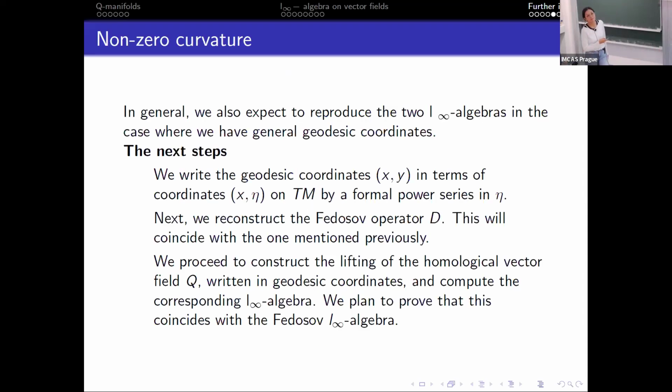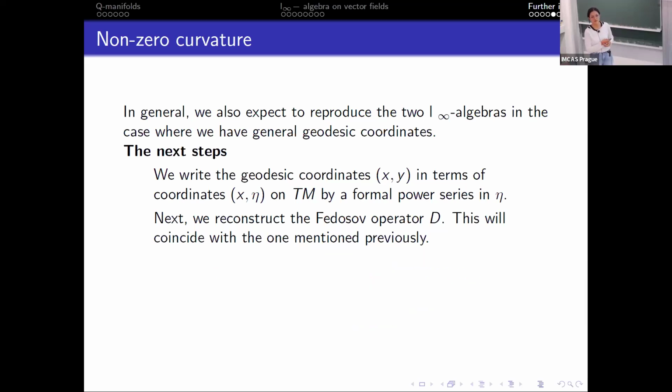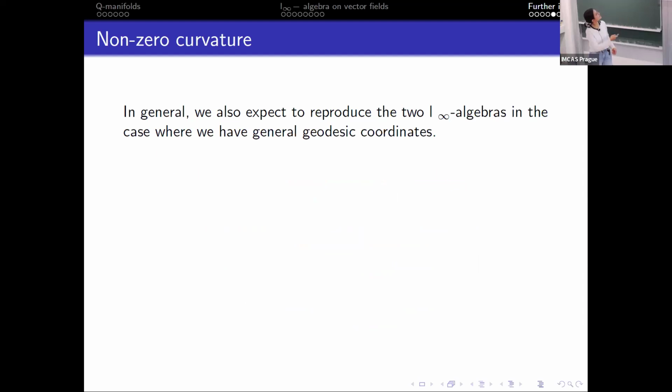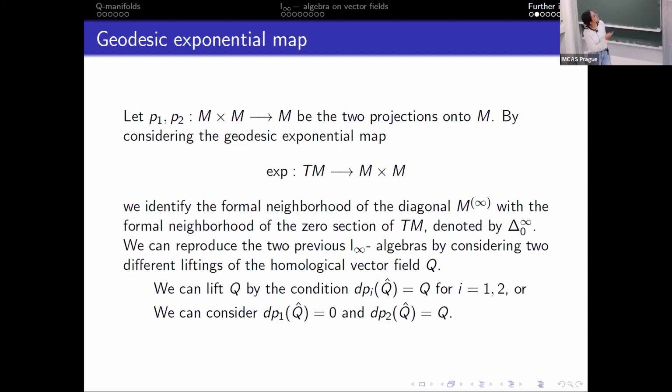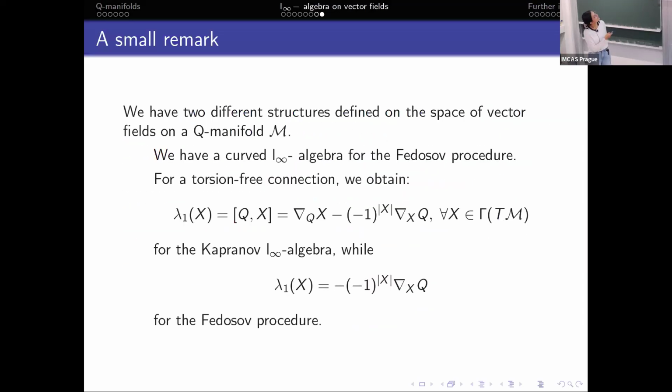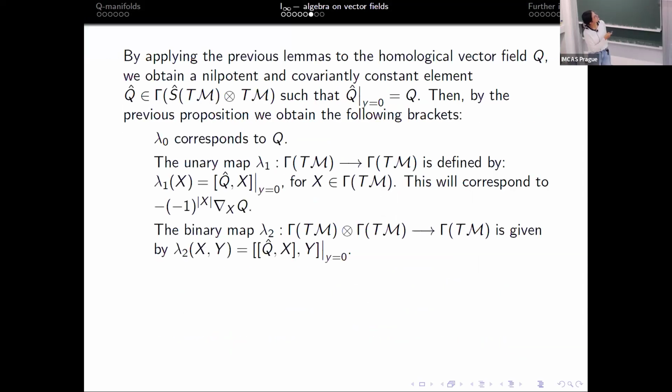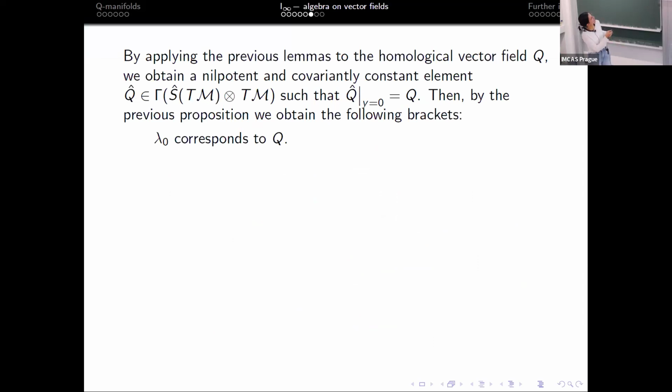Okay. What is the algebra again? Do you mean in this general case or in the Fedosov? Okay, in that case, the abelian, let me go back. Okay, so we were working with this bundle.